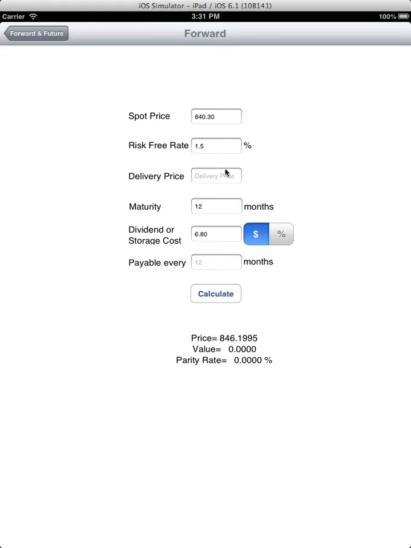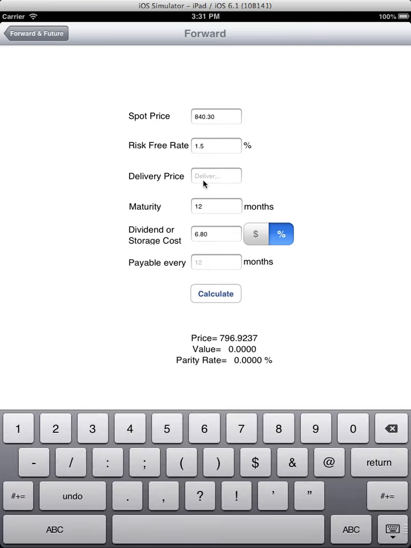So risk-free rate, delivery price, maturity, and here it is, storage cost payable, and that's what we receive. It's a forward, and let me perform another analysis.